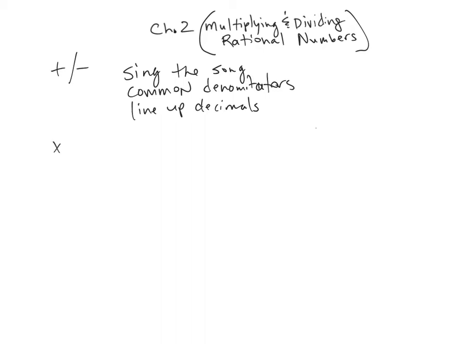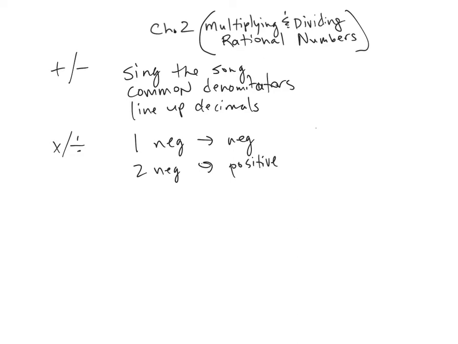With multiplying and dividing, it's a lot simpler. The biggest thing with multiplying and dividing is just one negative number. If one of the numbers is negative, then the answer is negative. If there are two negatives, it's positive.